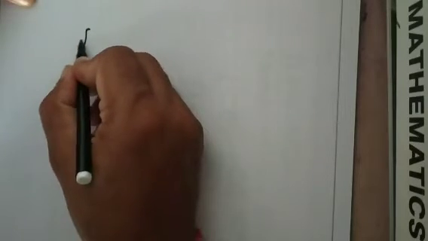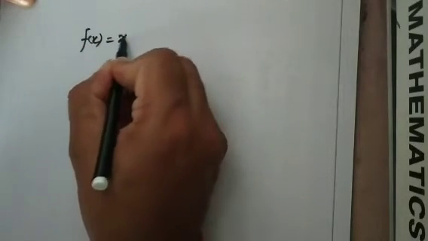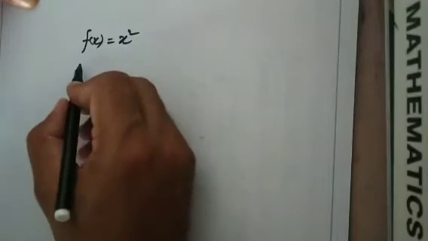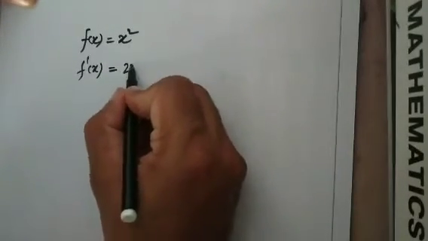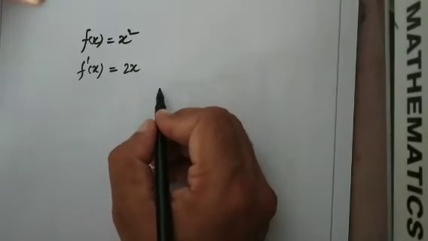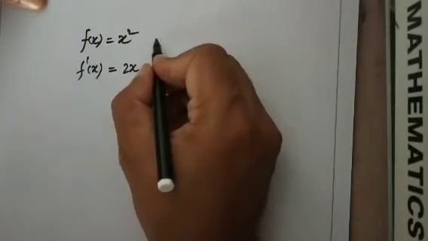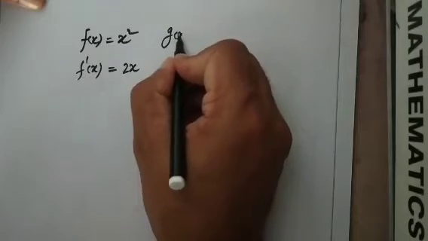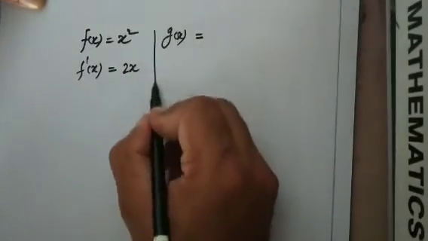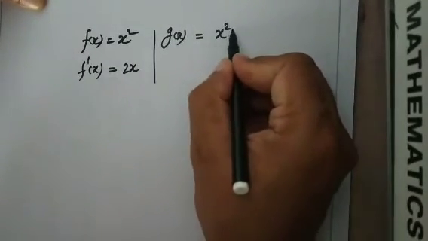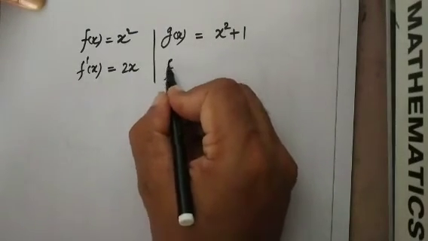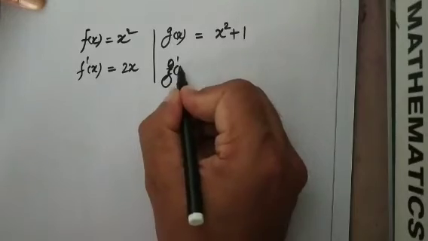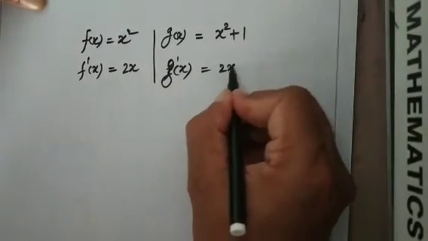So if we take the example of a function f(x) equal to x squared, you know that the derivative of this f(x) is 2x. Similarly, take one more function g(x), which is x squared plus 1, whose derivative g'(x) is 2x again.